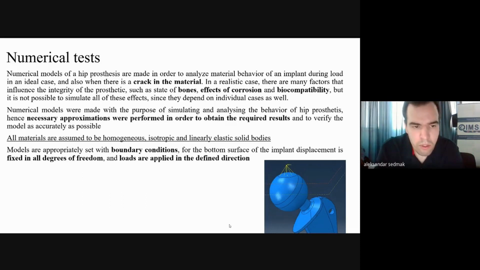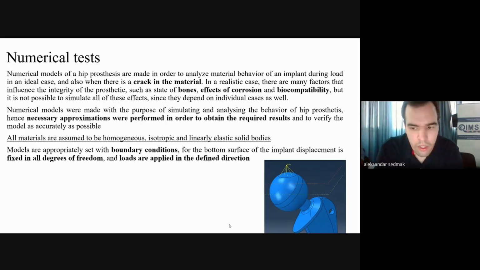It is not possible to simulate all the effects, since they depend on individual cases. When performing a numerical analysis, it is necessary to use approximations in order to obtain required results.